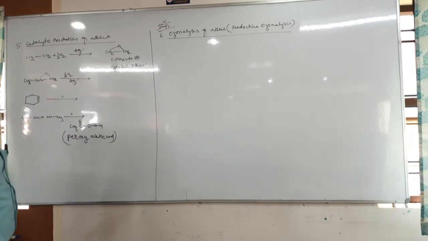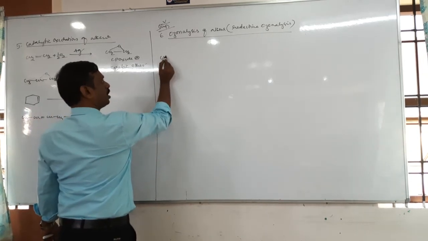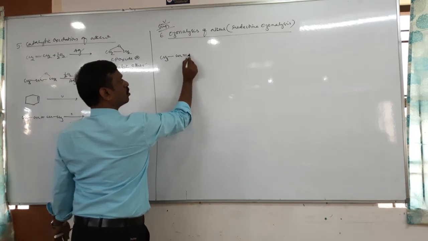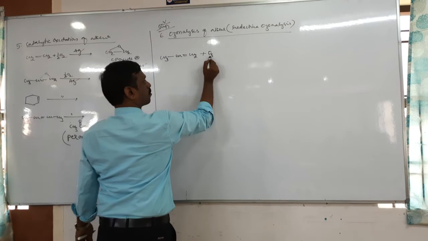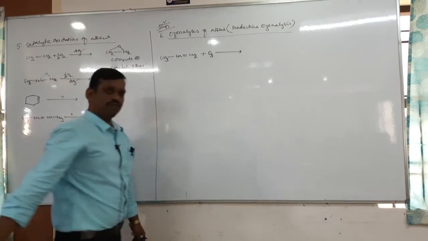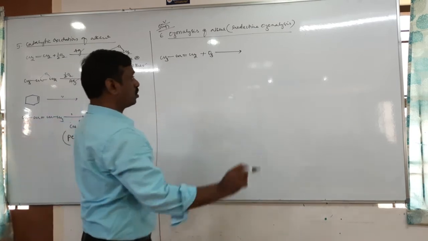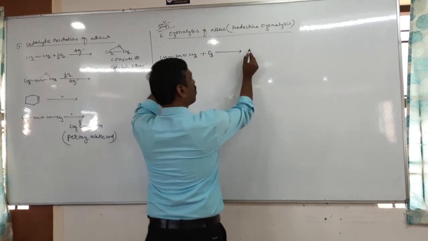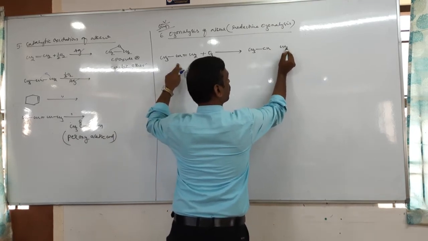So what is ozonolysis of alkene? See here, alkenes react with ozone O3 to form, first it forms ozonide. What is ozonide? The carbon-carbon double bond will be broken.